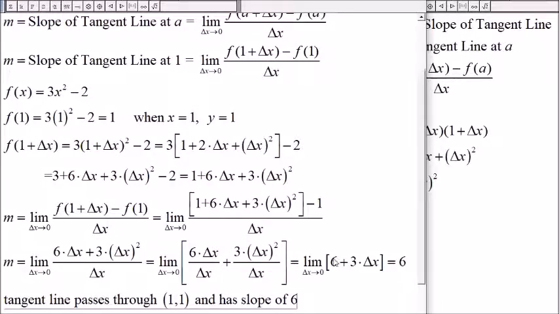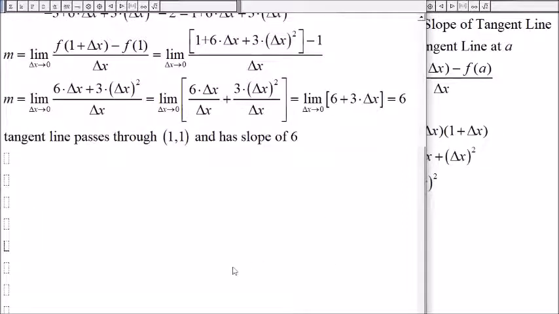So now let's write the equation for this line. So the equation of the tangent line, we just use the formula for a line.